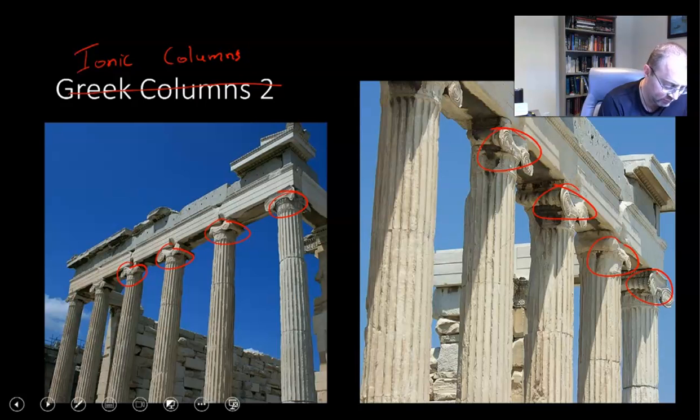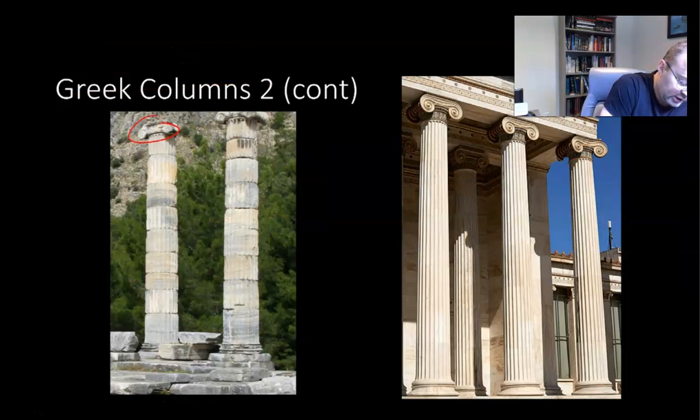It's a significantly more ornate capital, so we can see it there. Again, this one on the right is a modern version, but you have a significantly more ornate capital with this spiral at the top. So that is one of the key things to notice about Ionic columns.